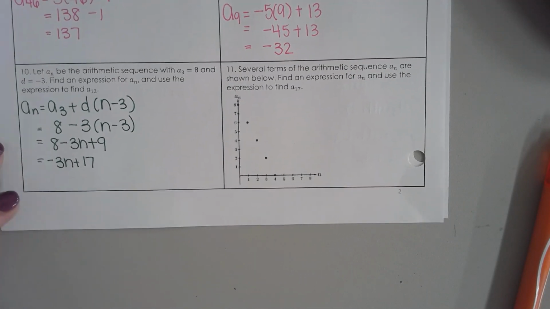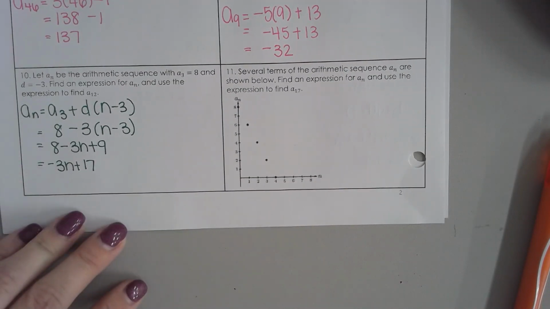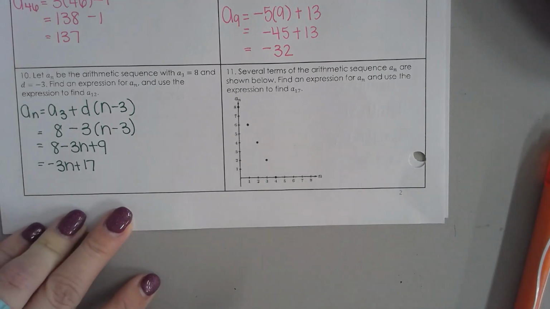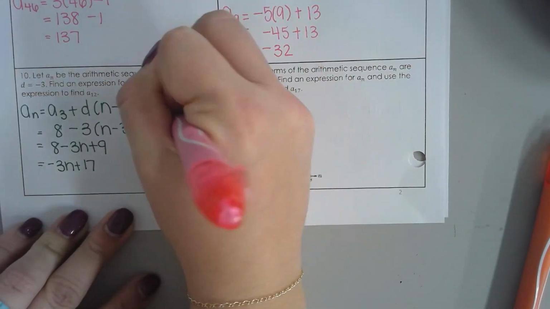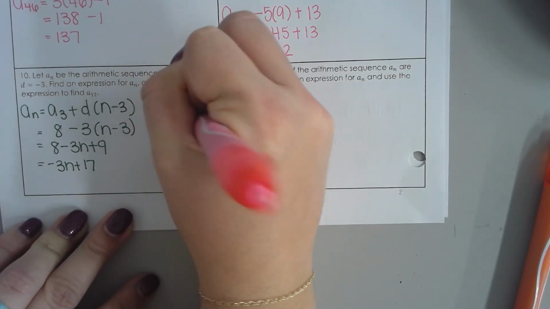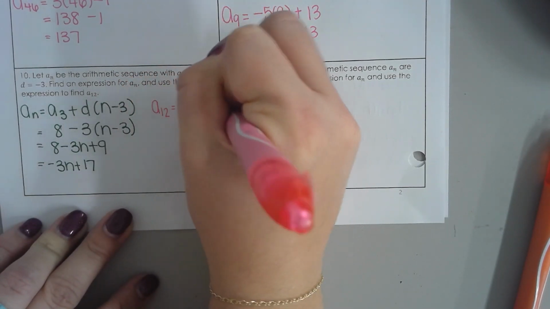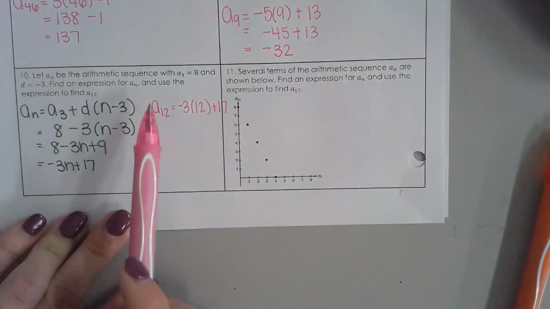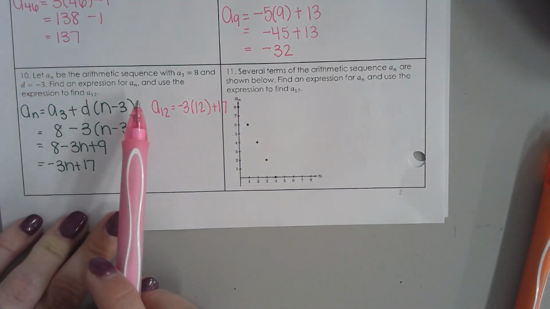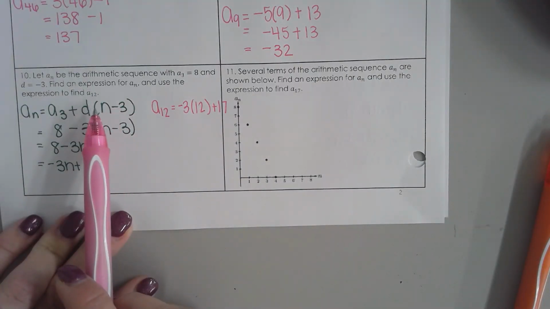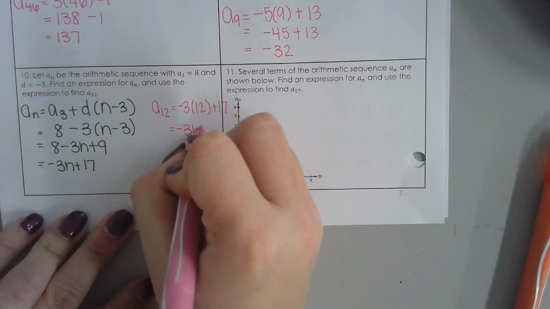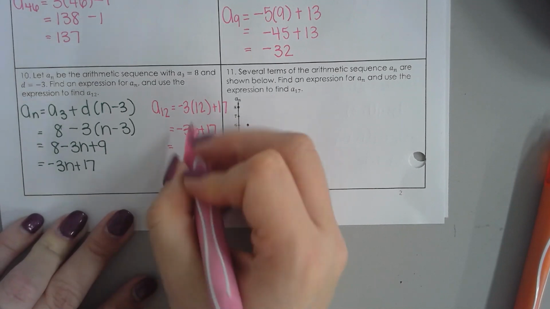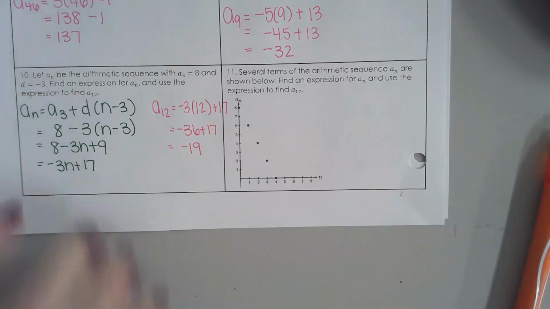And so then my a12 would be negative 3 times 12 plus 17. Negative 19.